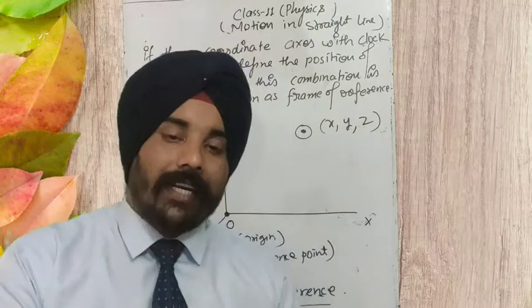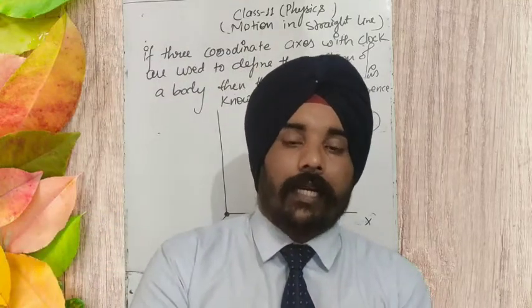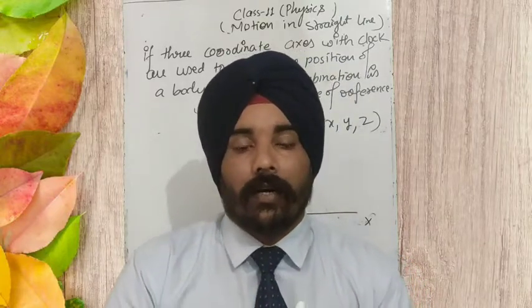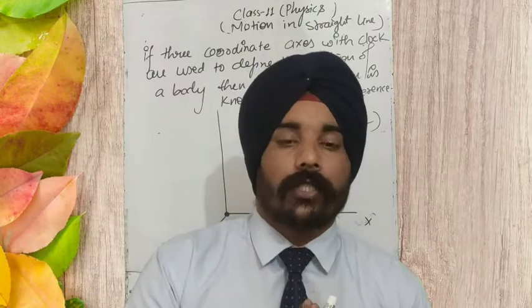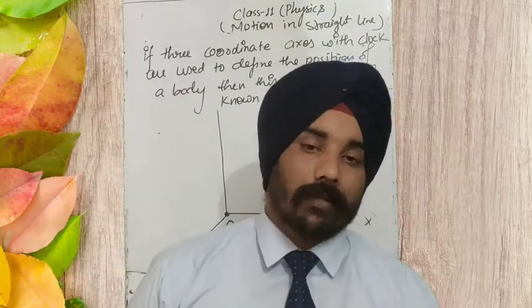Okay. So according to that reference frame which is stuck to the driver, the position of that driver is not changing. Any of the coordinates is not changing. So for that driver, the car is in rest.